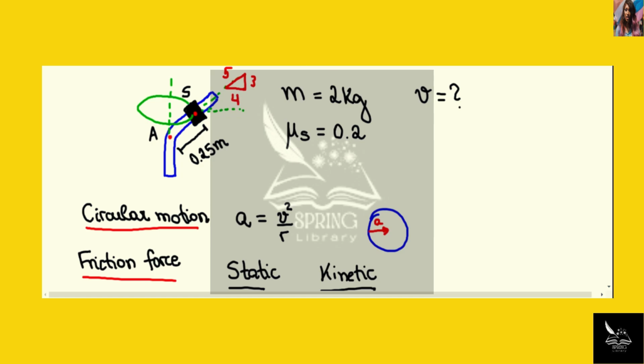This means that theta here is such that the sine of theta is 3/5, while the cosine of theta is 4/5.